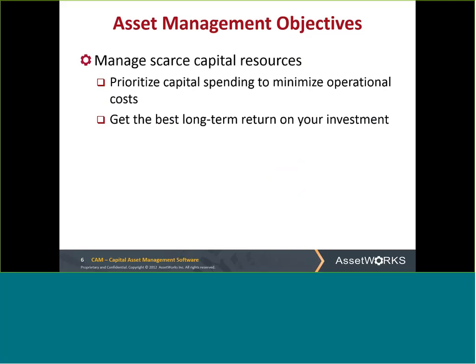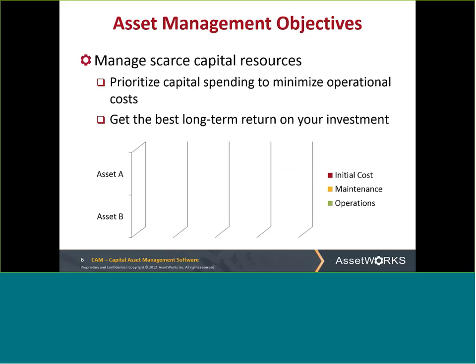There's also the ability to manage scarce resources. Capital is something we never have enough of. We always have a limited amount. Those that have it dole it out very stingily, and when we get it, we need to know what to do with it the best that we can. So one of the things we want to consider is the overall cost of an asset. You have the initial cost.